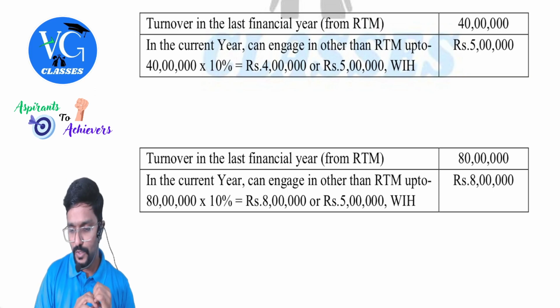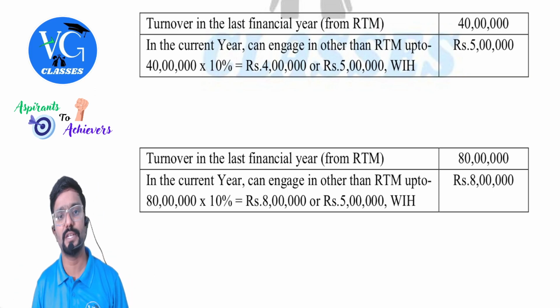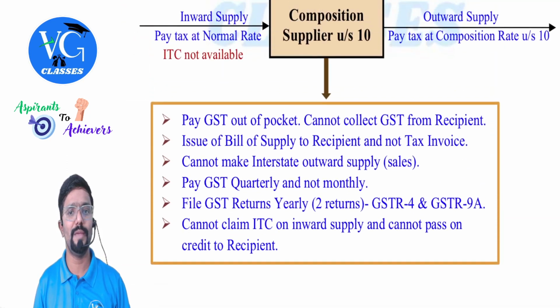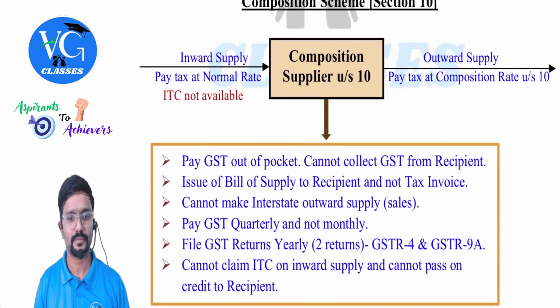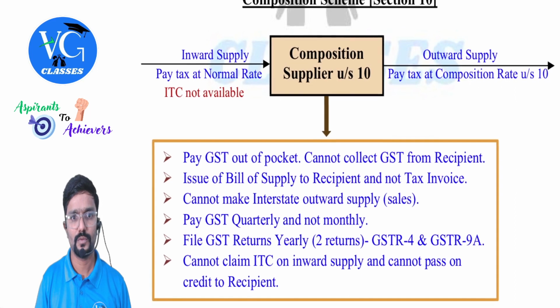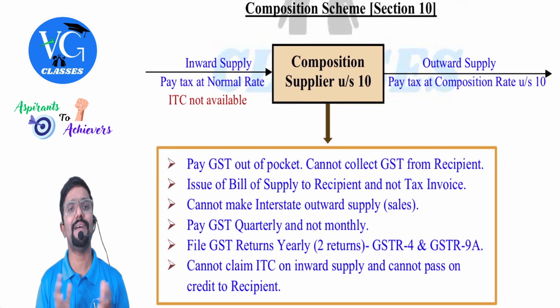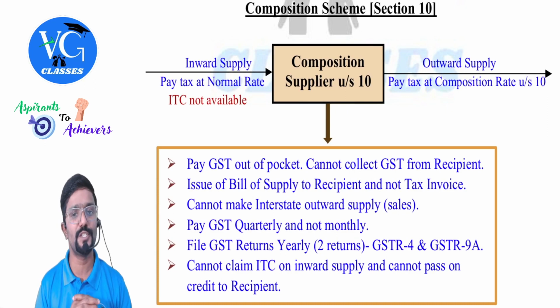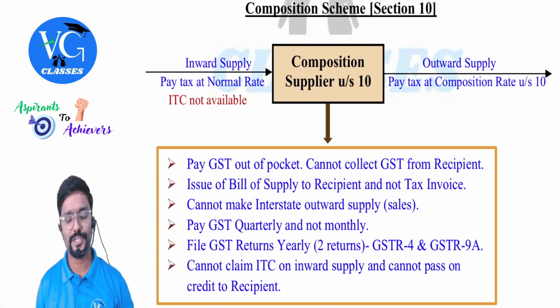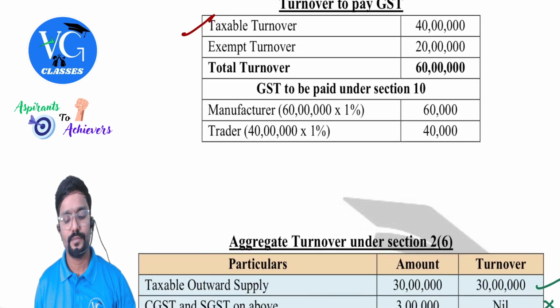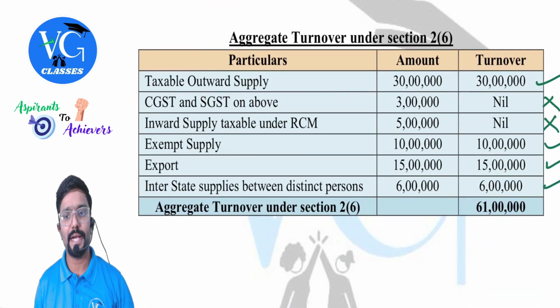Okay, sir. Fine. So just make a note of whatever we have discussed till now, guys. I have given few examples, everything. So I just want you guys to quickly make a note of it. This is just to give a highlight or overview about composition scheme, guys. First one. Next, you can take aggregate turnover.